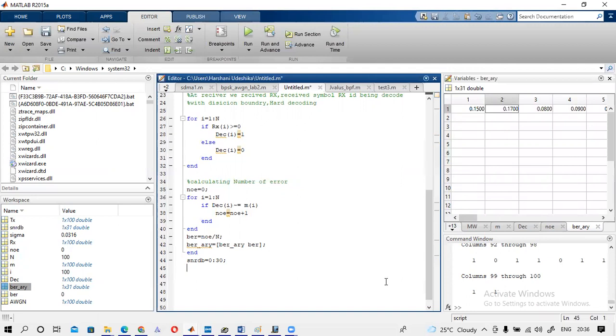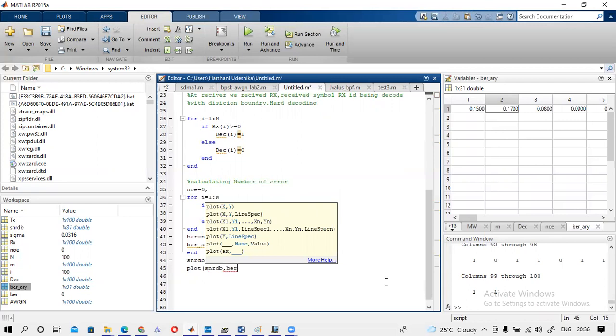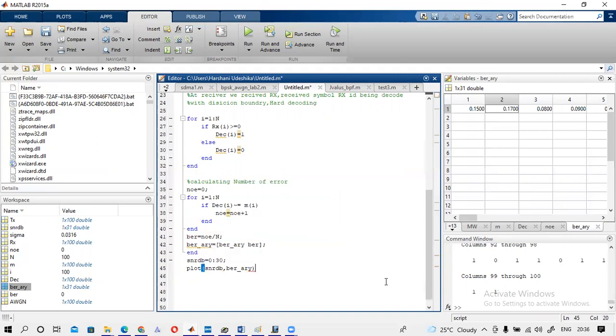Here, don't use the plot command. If you plot this, your independent variable will be SNRdB, and your dependent variable will be the BER array, so you have to plot this.